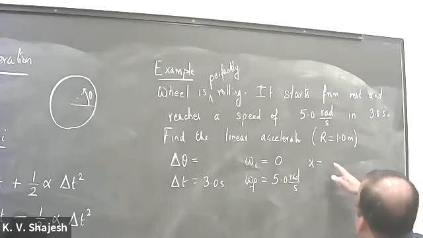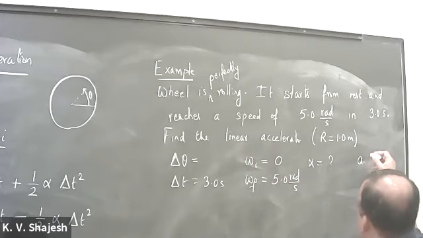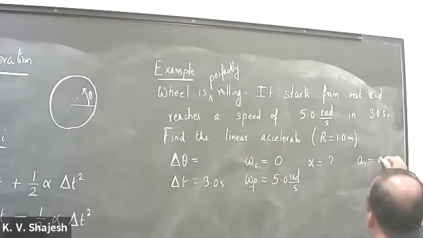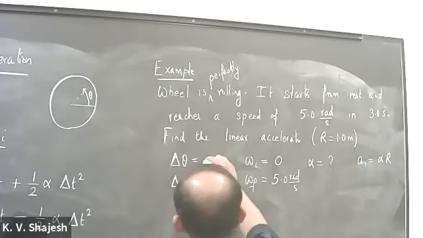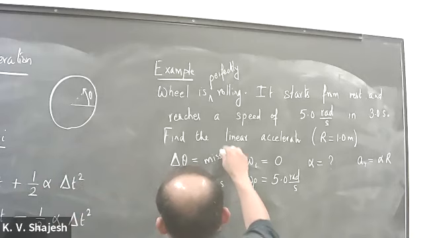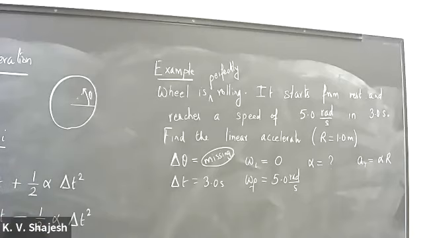So the idea is that first find this. What we want to find is the tangential acceleration a_t, which is alpha times radius r. And this is your missing variable. So in the 5 equations that I wrote down, you will look for the quantity that does not have delta theta in it.